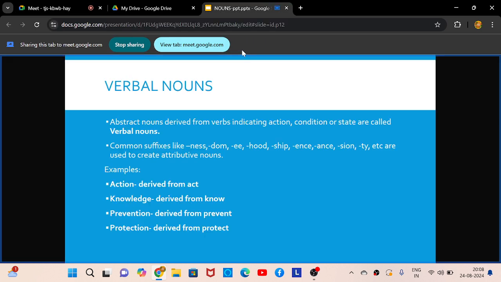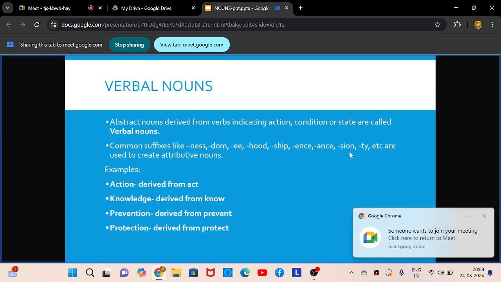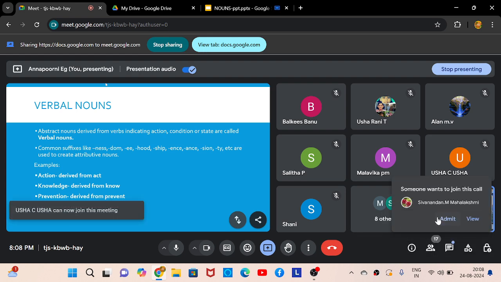And generally how these abstract nouns are formed, അതാണ് ഇവിടെ കൊടുത്തിട്ടുള്ളത്. We add some suffixes. Common suffixes like NESS, DOM, EE, HOOD, SHIP, ENCE, ANCE, SION, TY, etc. are some common suffixes used to create attributive nouns.